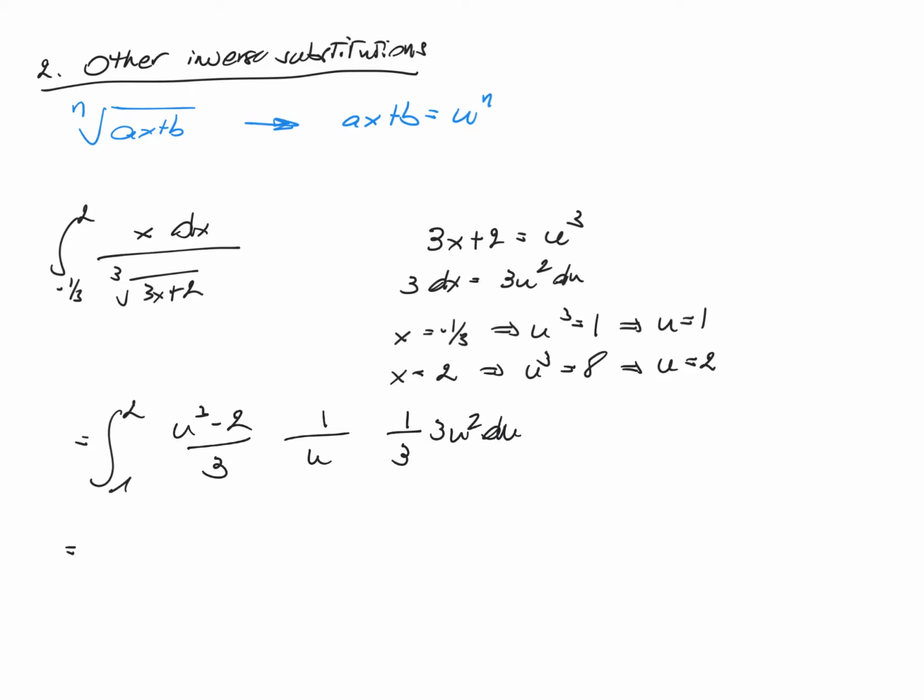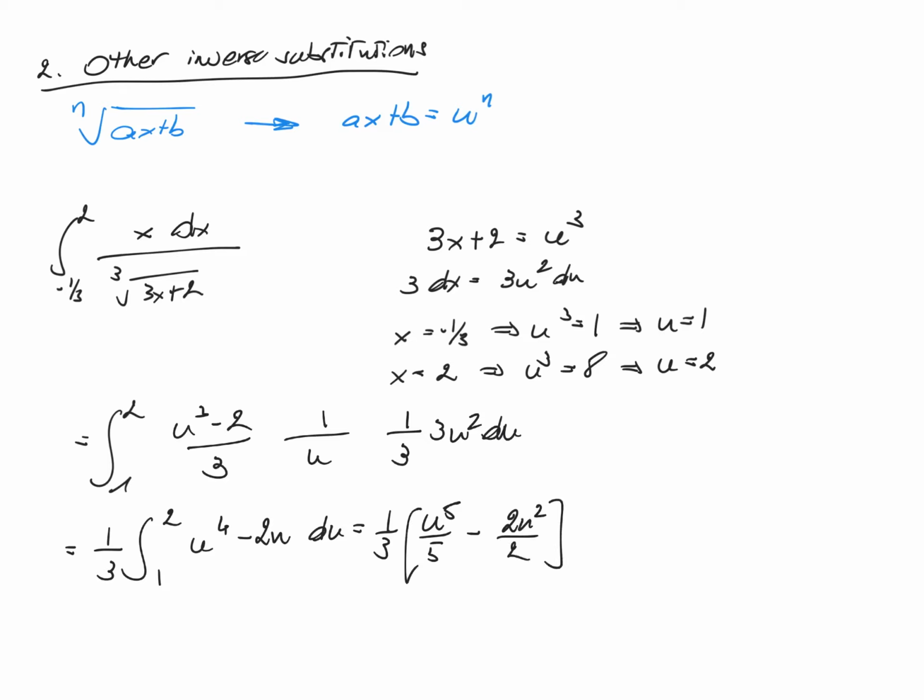If we take all of this together, it gives me 1 over 3, the integral from 1 to 2, u to the power 4 minus 2u du. So this is 1 over 3 u to the power 5 over 5 minus 2u squared over 2 between the boundaries 1 and 2, which is equal to 1 over 15 u to the power 5 between 1 and 2 minus 1 over 3 u squared between 1 and 2.